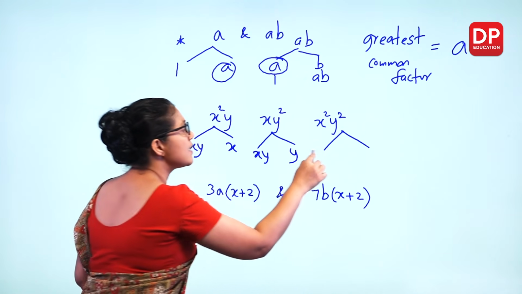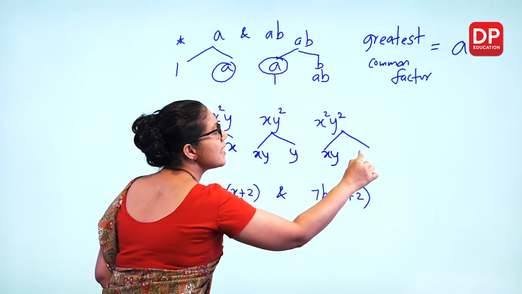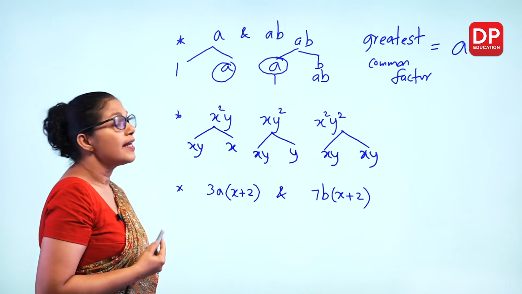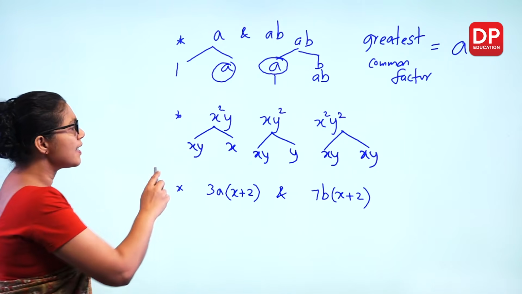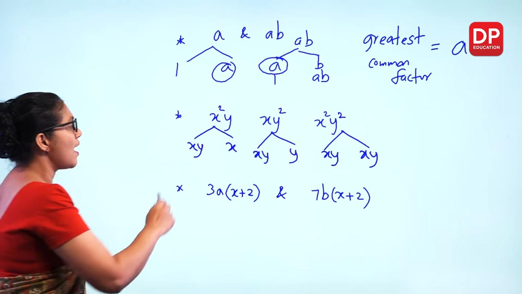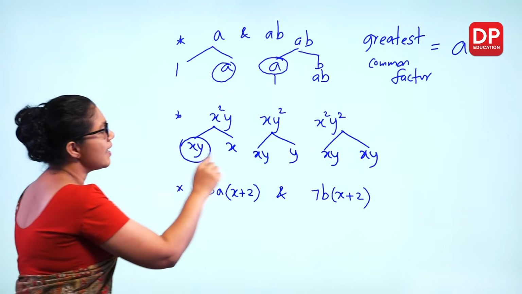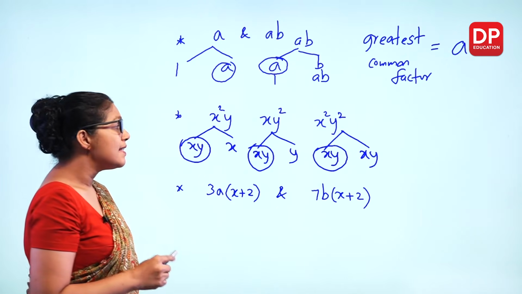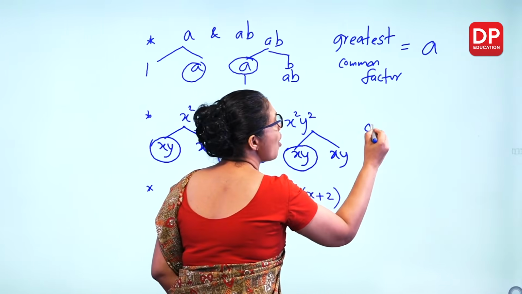I can write xy with xy. So when you multiply these two, you get x squared y squared. Now look carefully and tell me what's the common factor. I can see xy is a common factor and this is called the greatest common factor.